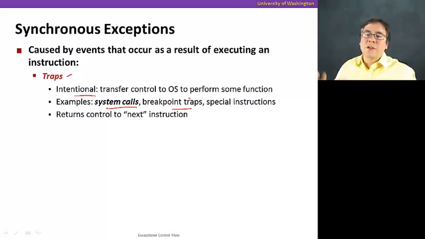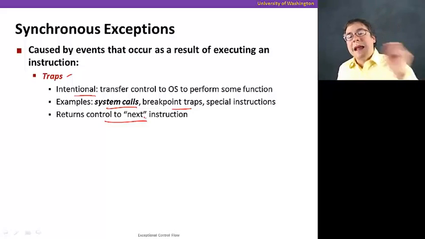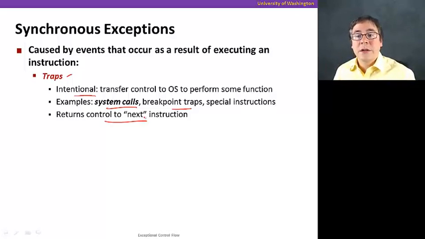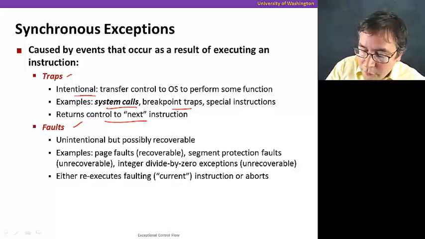It diverts execution to the debugger. And traps return control to the instruction after the one that caused this intentional trap.